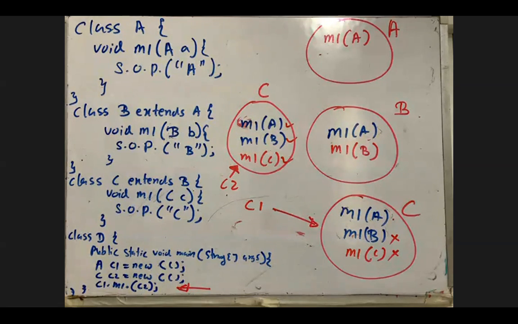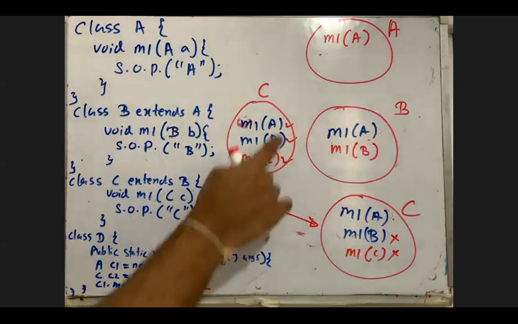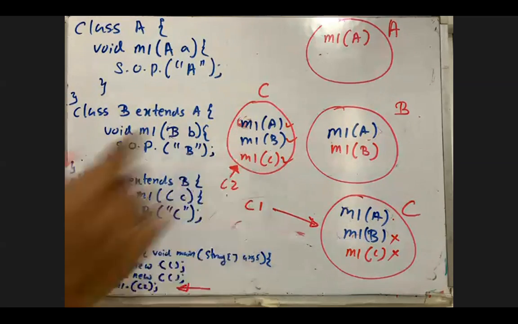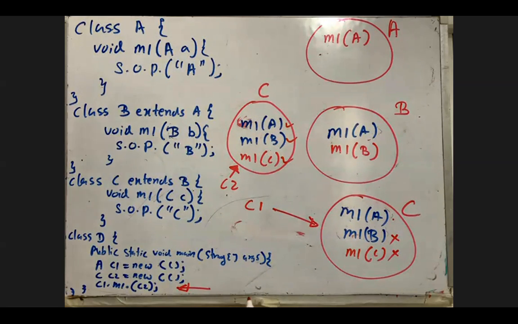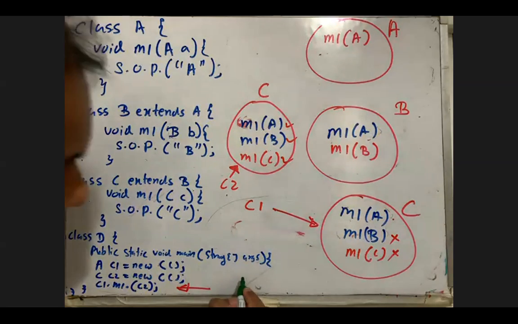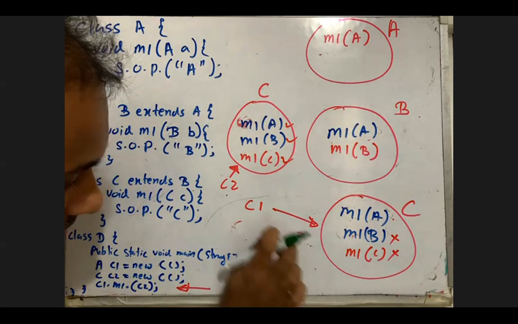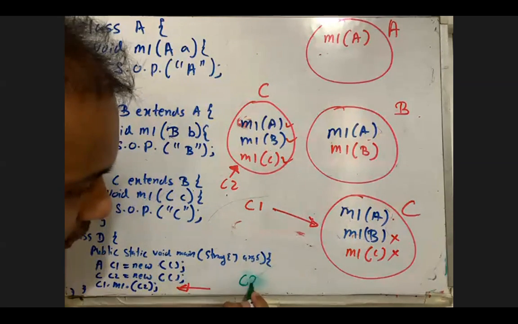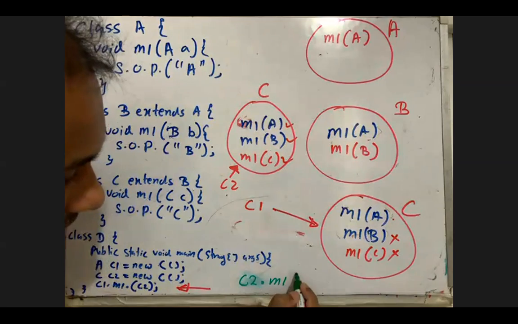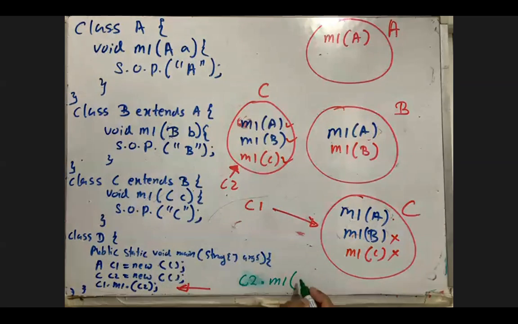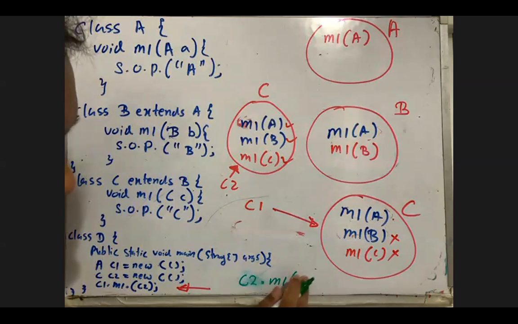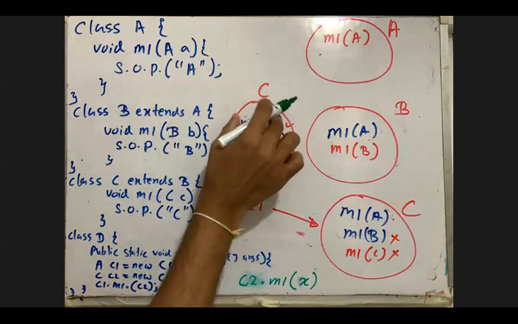If you call C2 dot M1 and pass an A type object, say X, then this will call this method.